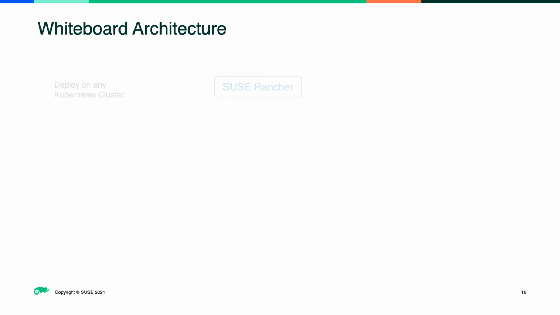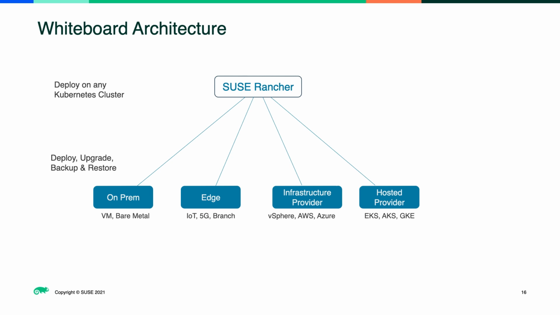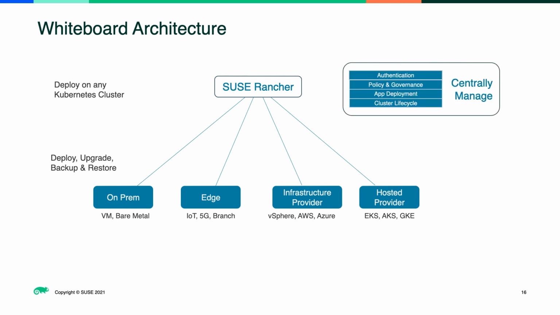SUSE Rancher is able to manage any CNCF (Cloud Native Computing Foundation) Kubernetes distribution, including the two provided by SUSE itself, which are RKE, Rancher Kubernetes Engine, and K3S, which is a lightweight Kubernetes distribution built for IoT and edge computing.